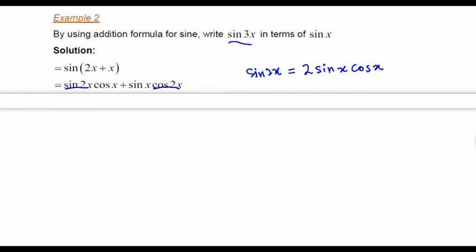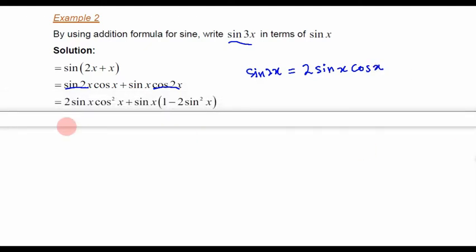Substituting it in, we get 2 sine x cos x, and since we have cos times cos, we get cos squared x, and then plus sine x and cos 2x.